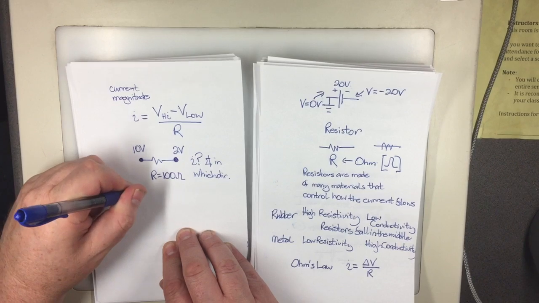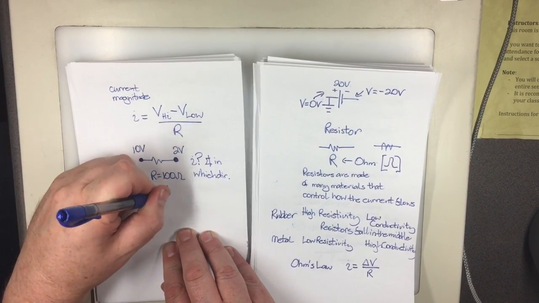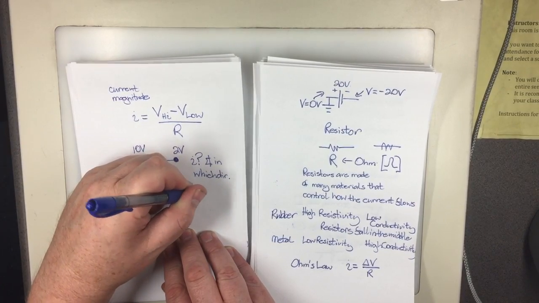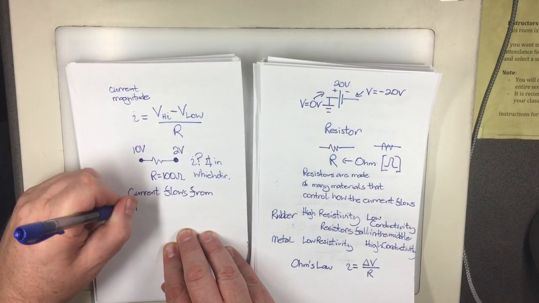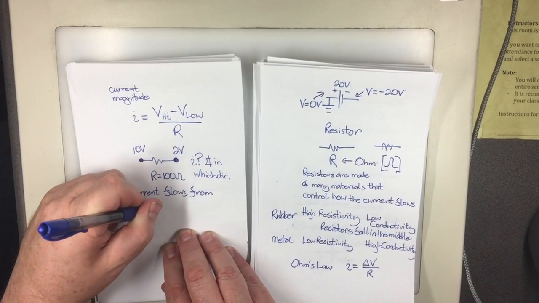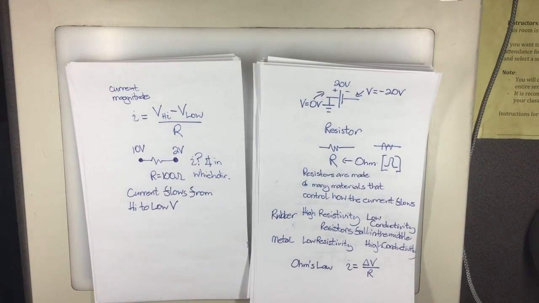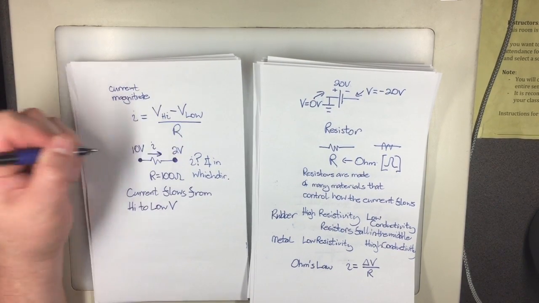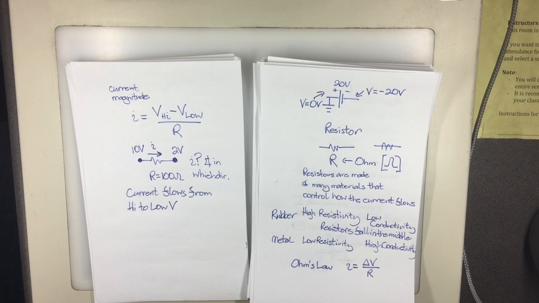Current flows from high to low potential. Much like water flows from high to low altitude naturally, current flows from high to low potential. So the current in this particular case will flow from left to right. And this is typically why I just use magnitudes.